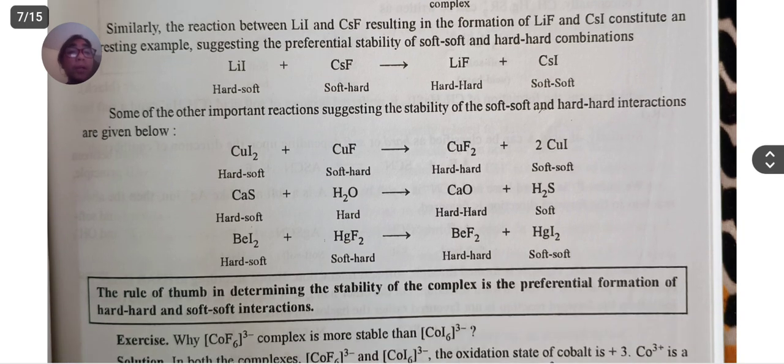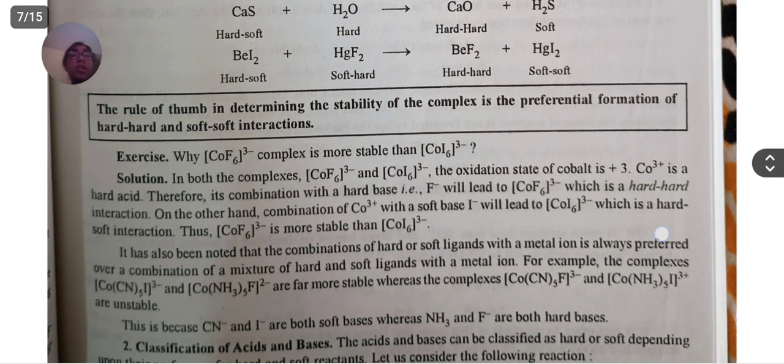The rule of thumb in determining the stability of a complex is the preferential formation of hard-hard and soft-soft interactions. Hard, soft, hard, soft. CuI2 plus CuF gives CuF2 plus CuI. CaS plus H2O gives CaO plus H2S. BeI2 plus HgF2 gives BeF2 plus HgI2.